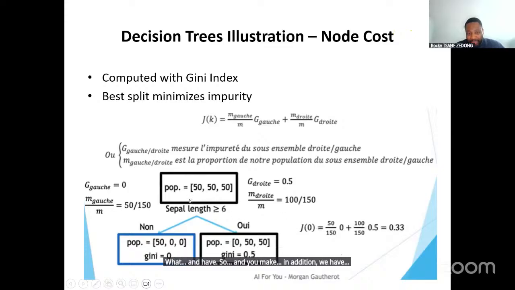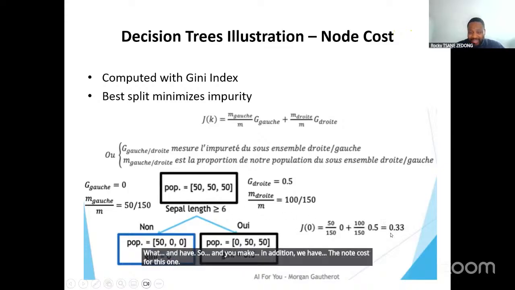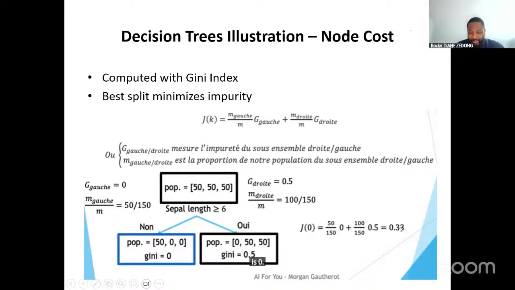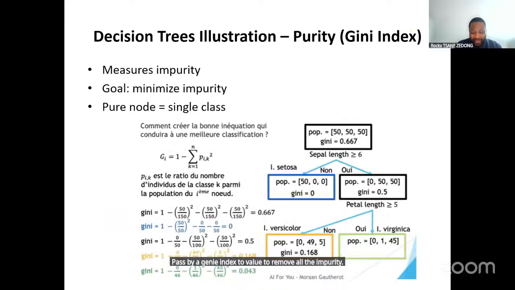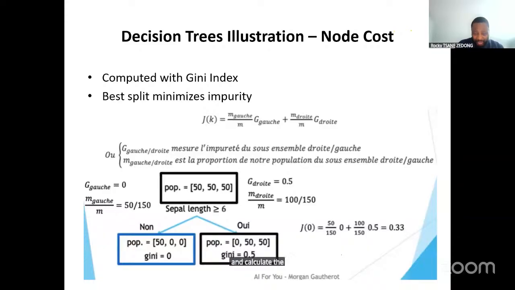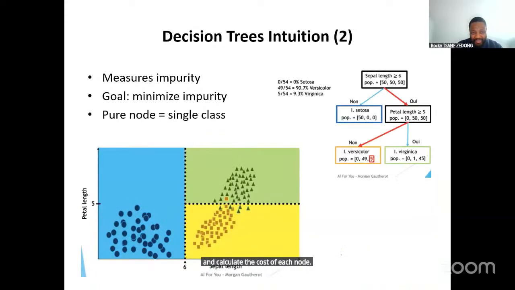The node cost for this one is 0.33. So in the concept of the decision tree, we make an evaluation of each node, and this evaluation passes by the Gini index to remove all the impurity and calculate the cost of each node. That's what I have presented.